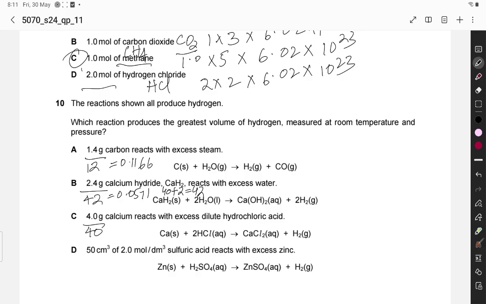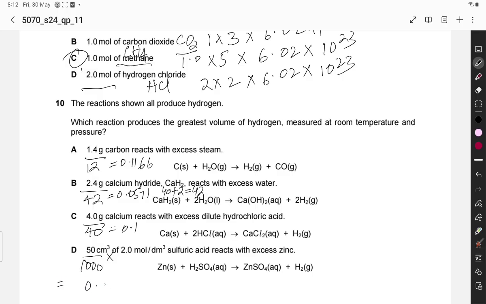4 divided by 40 is equal to 0.1 mole. 50 divided by 1000 into 0.2 is equal to 0.1.